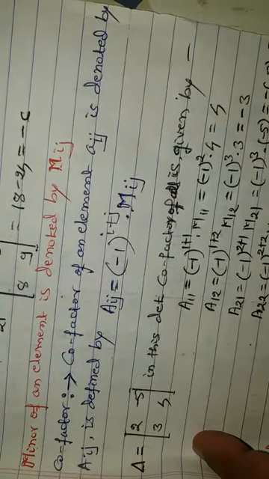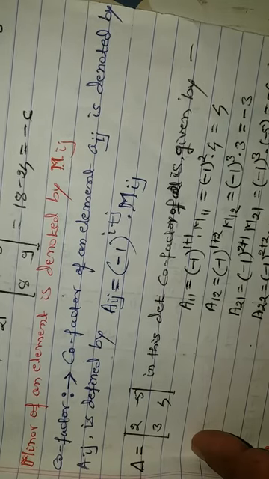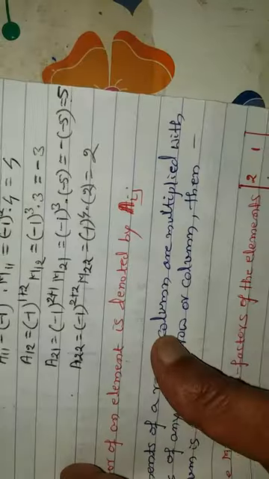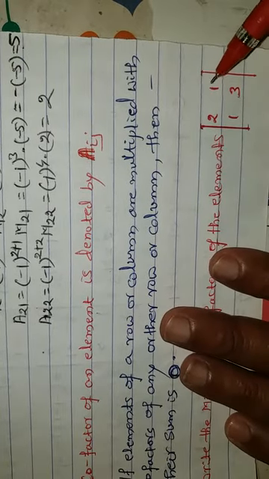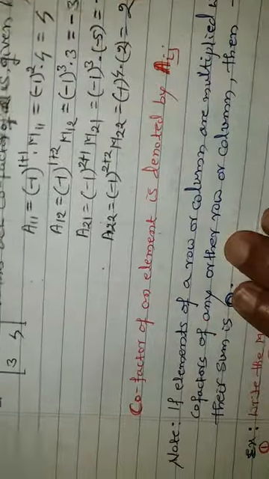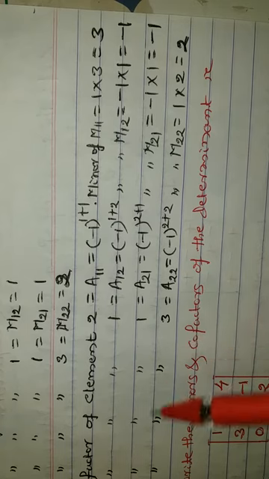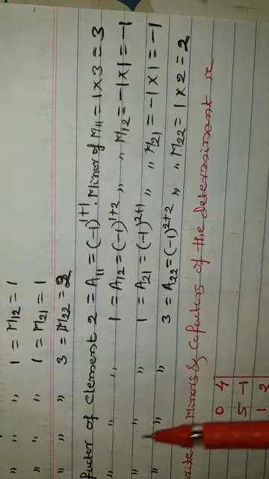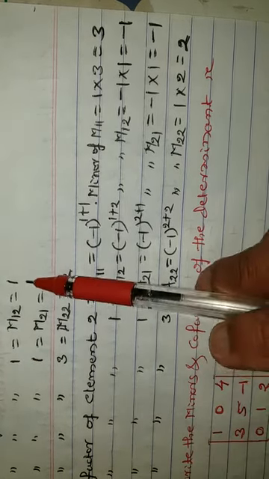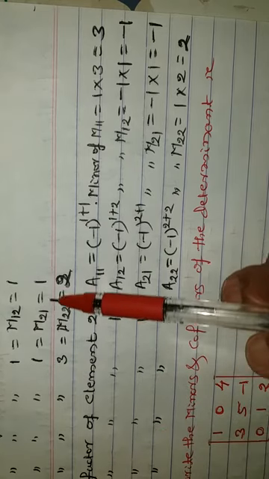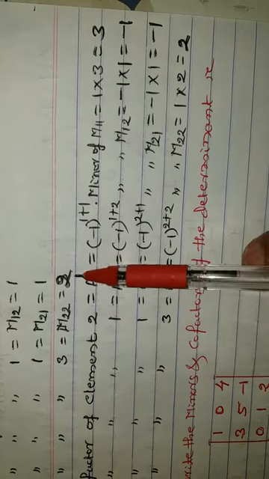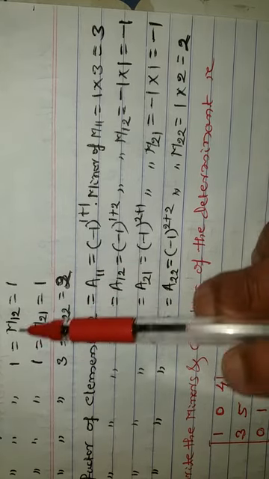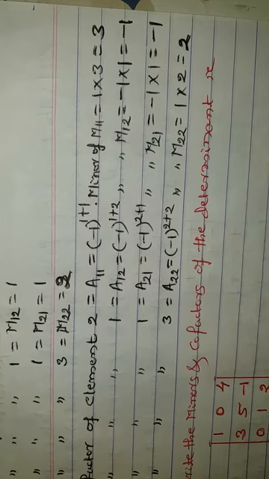So the minors of the 4 elements are: minor of 2 is 3, minor of 1 is 1, minor of the other 1 is 1, and minor of 3 is 2. Hence, all 4 element minors are given.